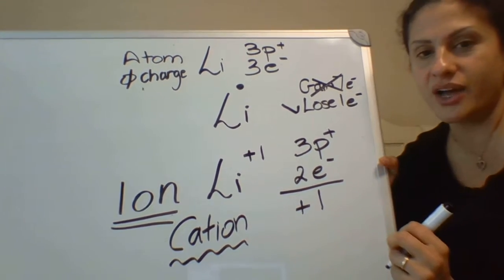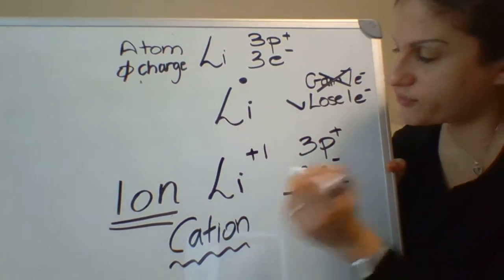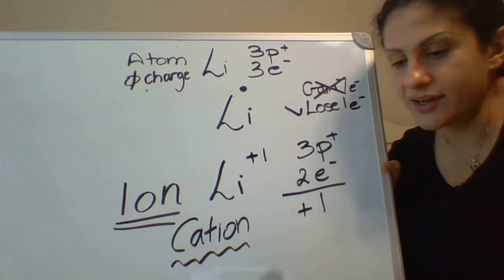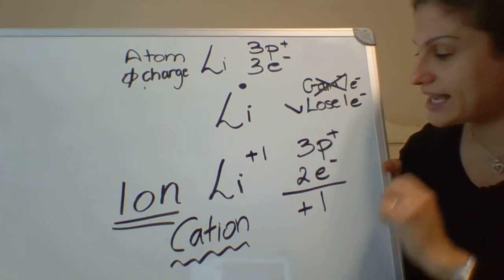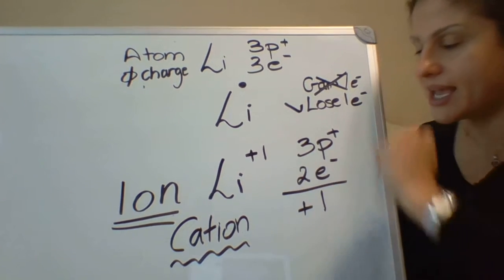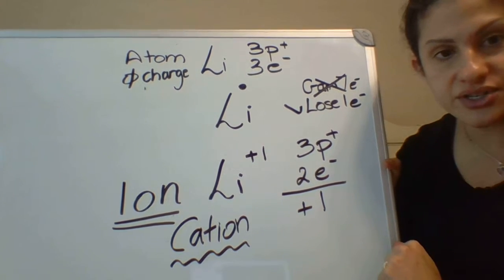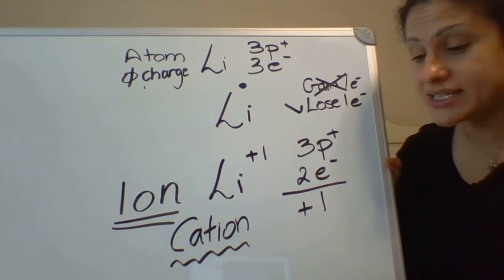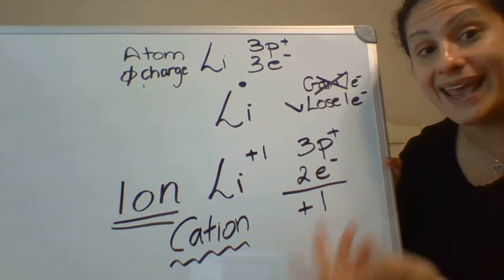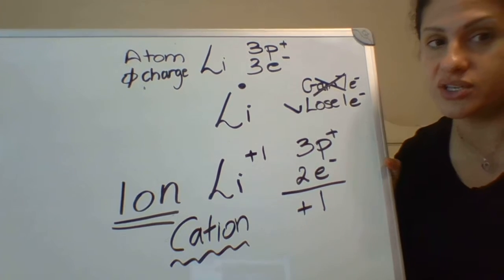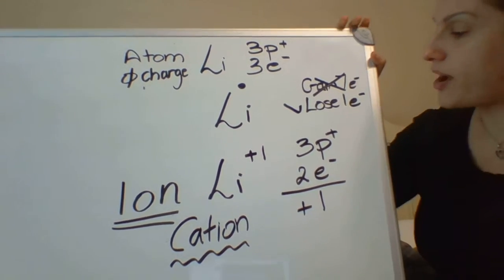So if you have an ion with a positive charge, it is referred to as a cation. Lithium is all happy now. It's achieved what it wanted. It has a full shell and a +1 charge. But that's not always the case. Not always losing. There are some elements where gaining electrons may be the solution to their problem.